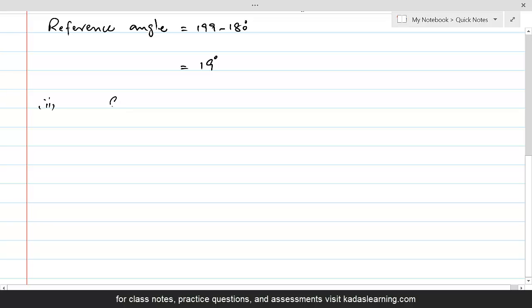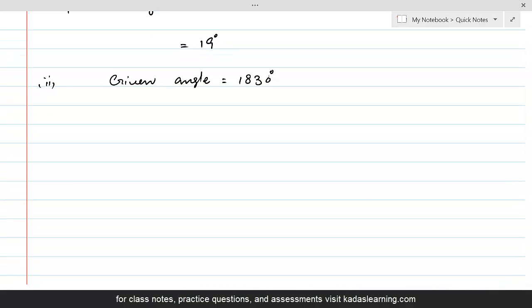Given angle is equal to 1830. If it was a principal angle, we wouldn't need to subtract or add integral multiples of 360. First we will find the principal angle.